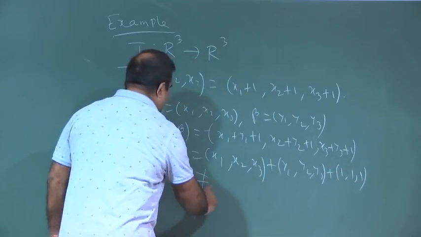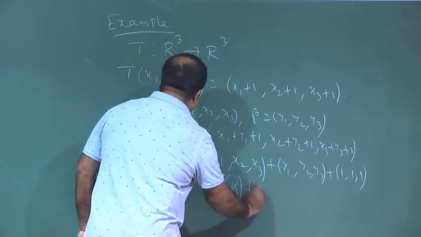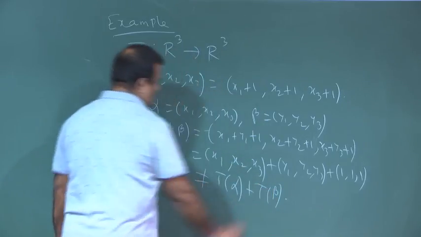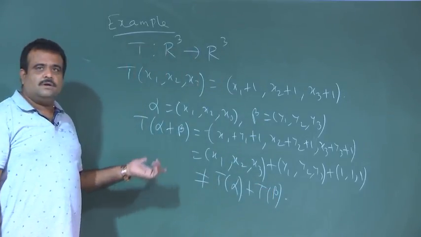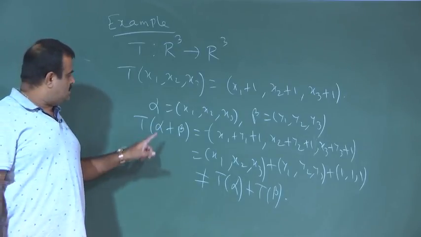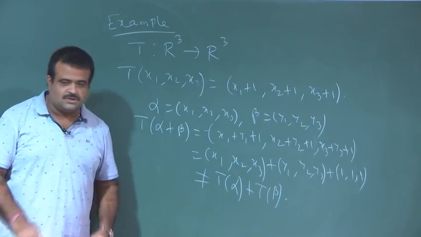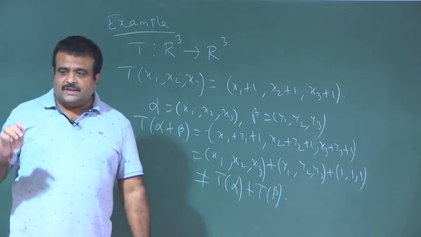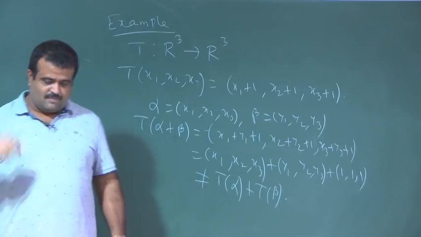So, this is not the same as T of alpha plus T of beta. To be a linear transformation, this has to be T of alpha plus T of beta. So, this is an example where the mapping is not linear.